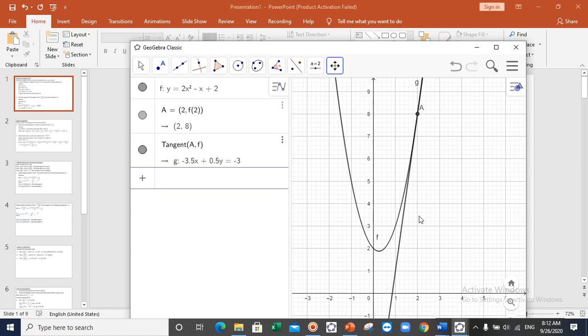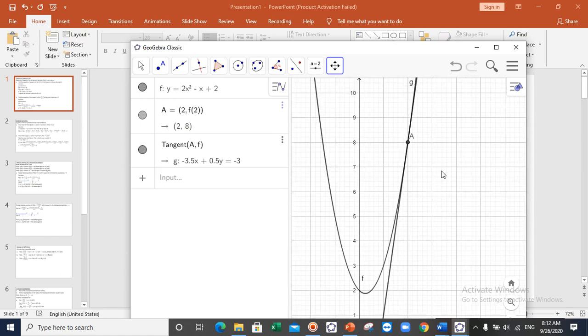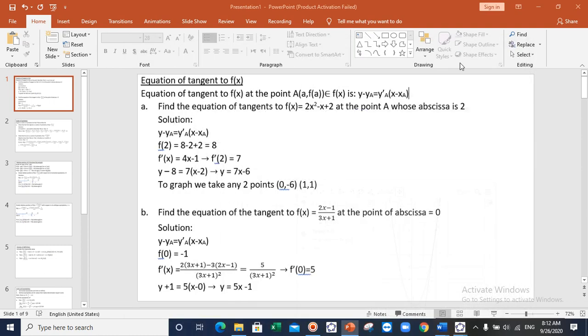So this is the equation of the tangent, graphed by taking particular points.